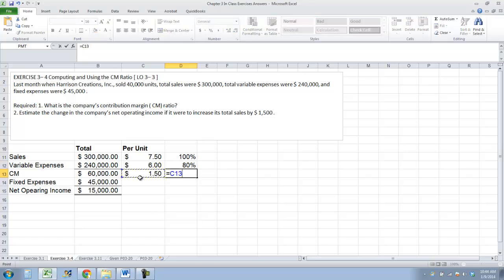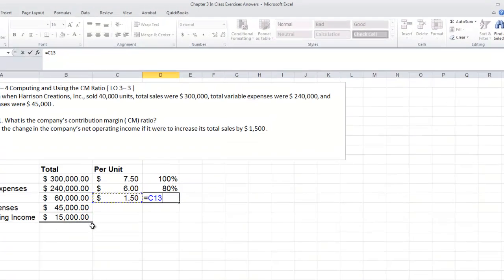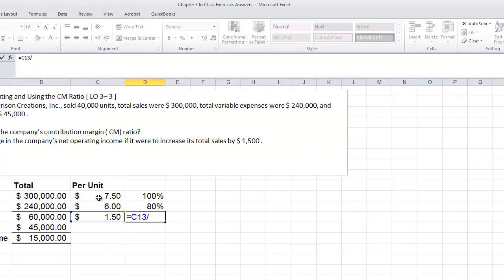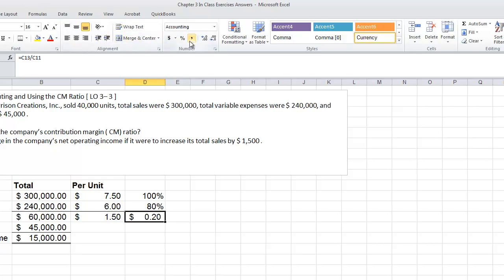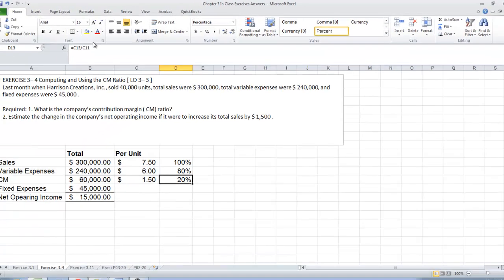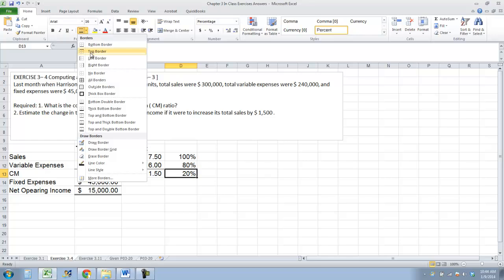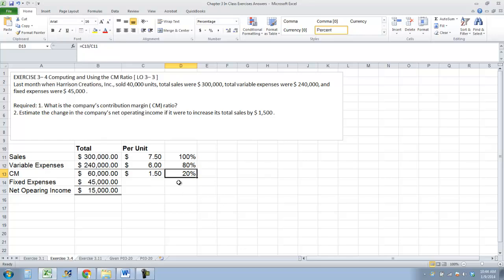And contribution margin ratio is CM per unit divided by sales, or 20%. When you're done, it should be a percentage. Your contribution margin and your variable expenses should add up to 100% because sales is 100% of sales. This is 80% of sales, and this is 20% of sales.